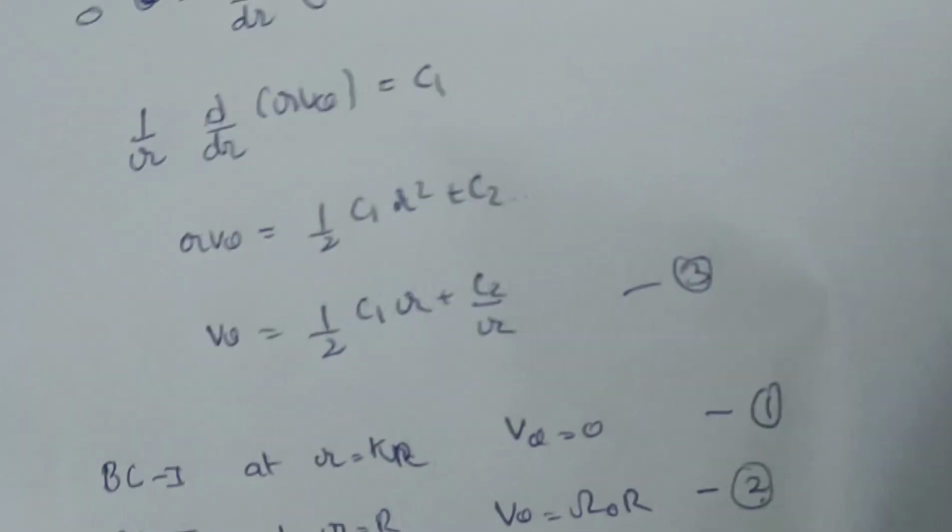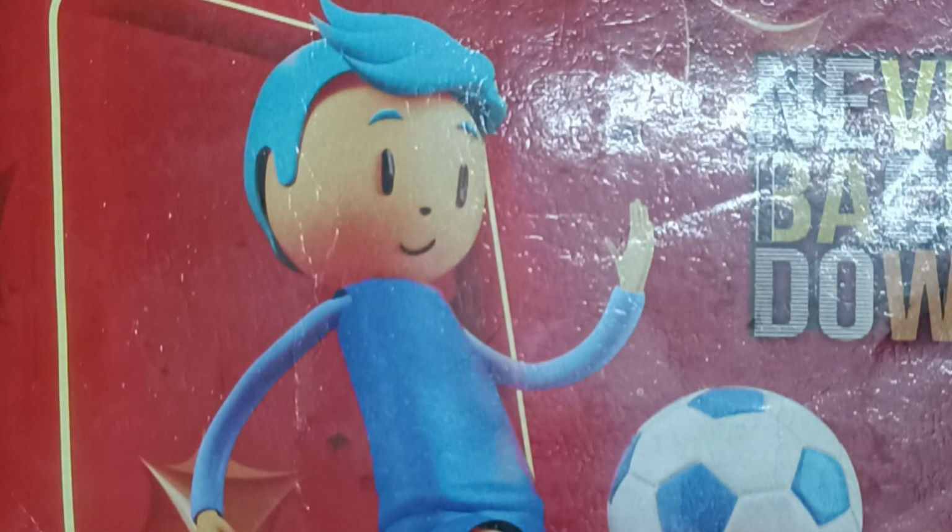By solving these equations, we obtain that v theta is equal to omega naught r times r by kappa r minus kappa r by r, divided by 1 by kappa minus kappa.